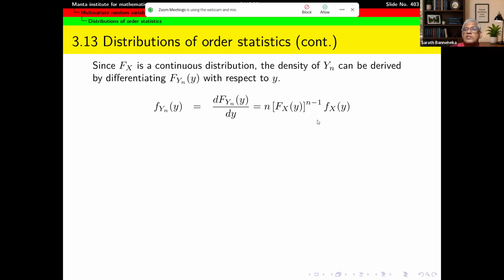So therefore, this is the general formula for the distribution of the largest order statistic when you are taking a random sample of size n from a distribution with CDF capital F_X and density small f_X.